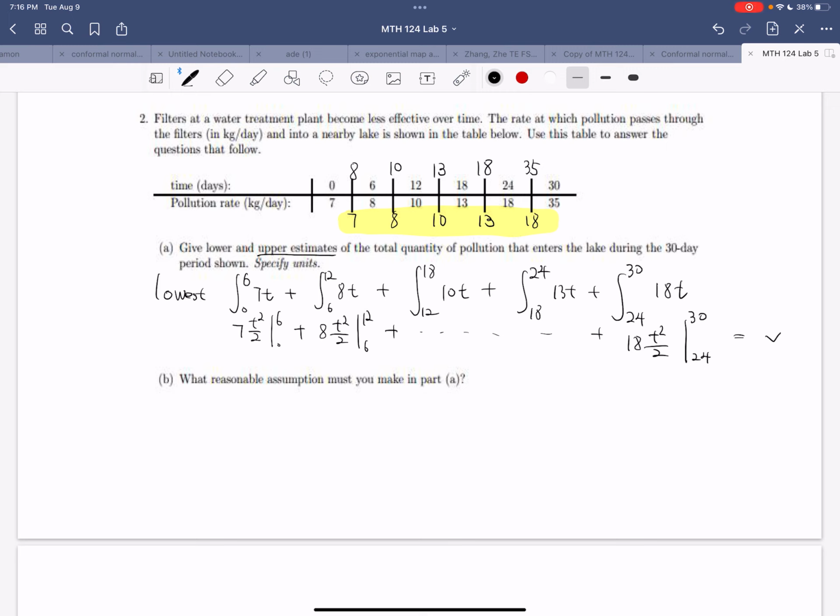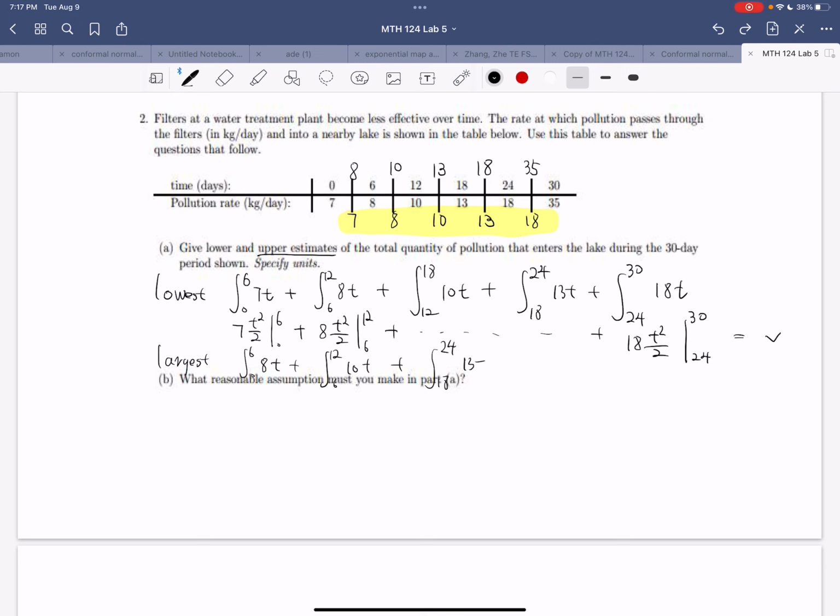And the upper estimate, the largest case, should be the integral from 0 to 6. Here we use the largest possibility, the 8 here, 8t. Here is 10t. Here's 13t. Wait, did I miss something?